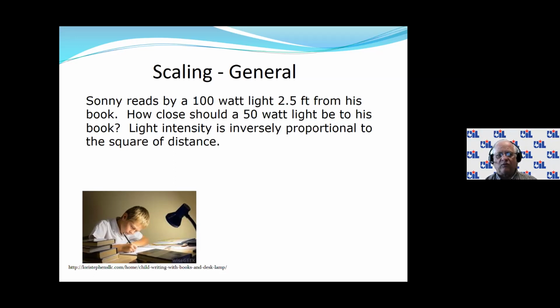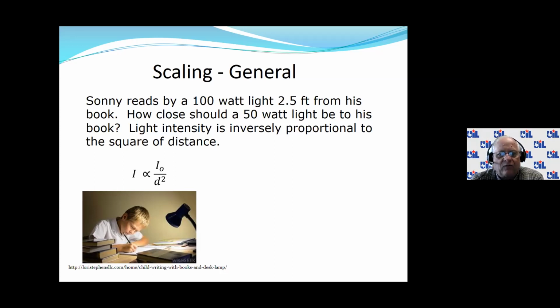So as I go further away, the intensity doesn't drop linearly; it drops by a factor of distance squared. So the intensity at the reading surface where Sonny wants to read is proportional to the intensity of the bulb divided by d squared, the distance from the bulb.